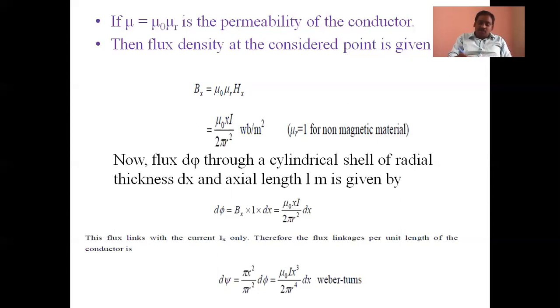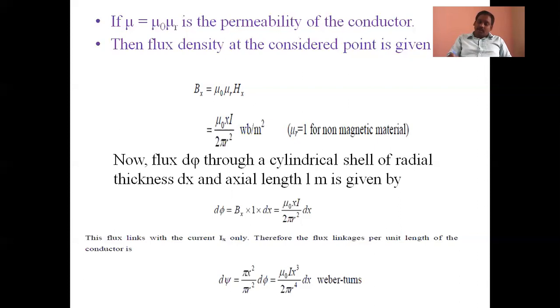That's why x² by r² into π cancel. That means x² by r² into dφ equals μ₀ x I by 2πr² into dx. Then we get μ₀ I x³ by 2πr⁴ into dx.